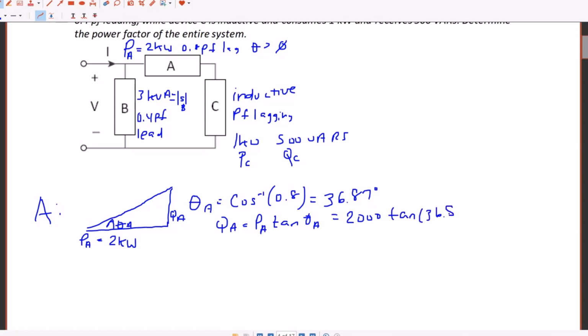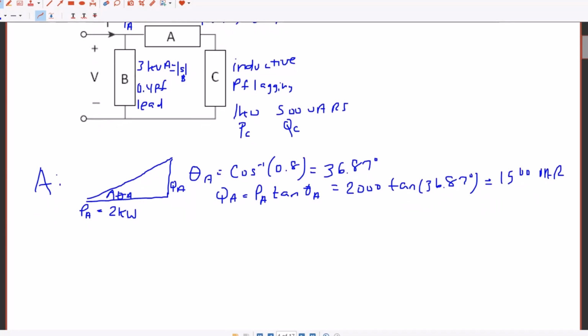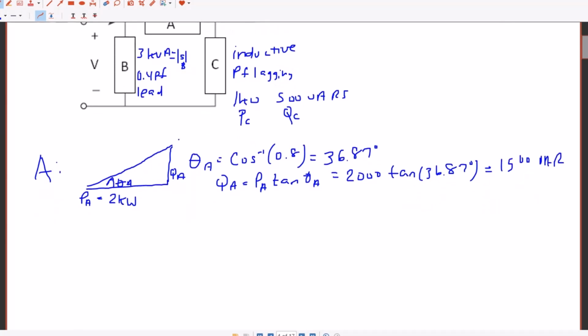What is QA? Oh, here we are. 1,500 var. All right. So that means that the complex power for A is 2,000 plus j1,500 volt amperes.